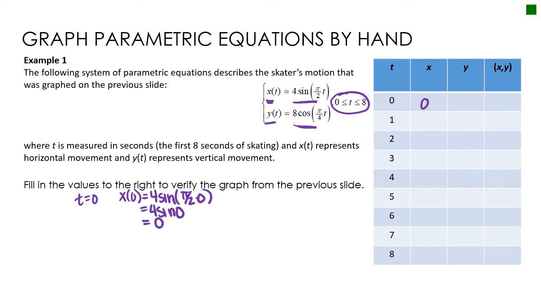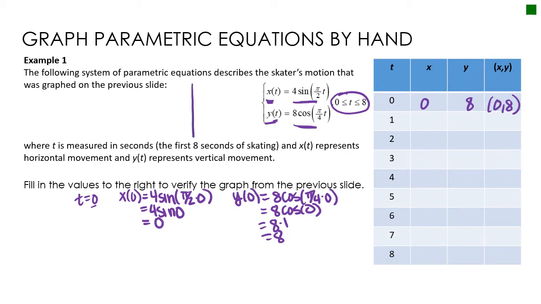For the y value, t is 0, so that's 8 times the cosine of pi over 4 times 0, which gives 8 times the cosine of 0, which is 8 times 1, which is just 8. So that xy point is (0, 8). That's where she would start. If I were to graph this, we'd go to (0, 8) here. So there's where she starts, t equals 0.